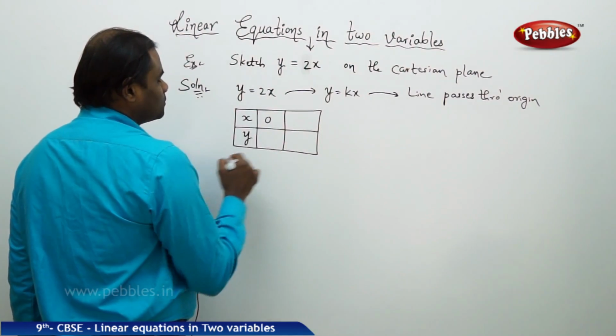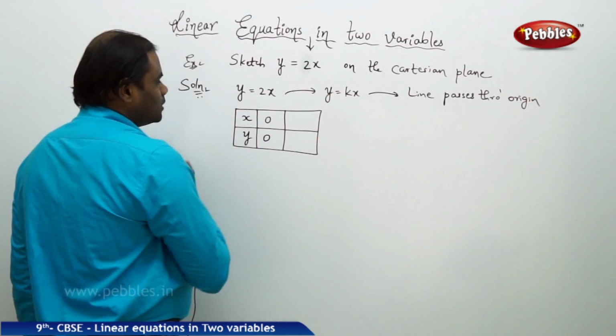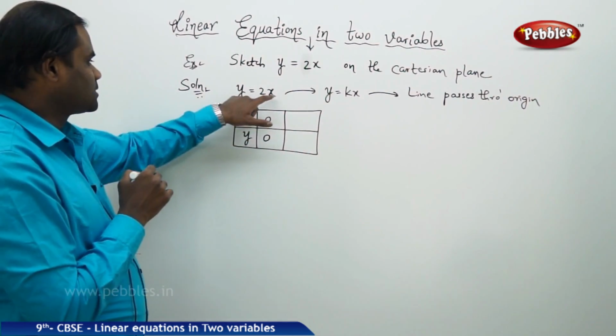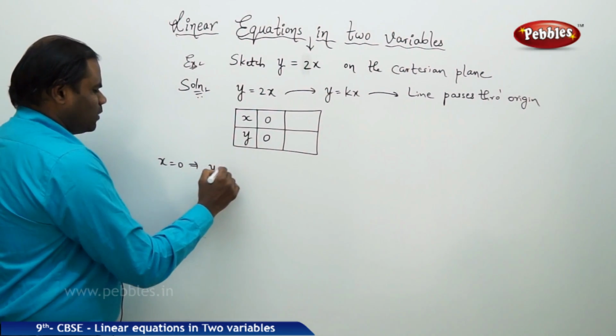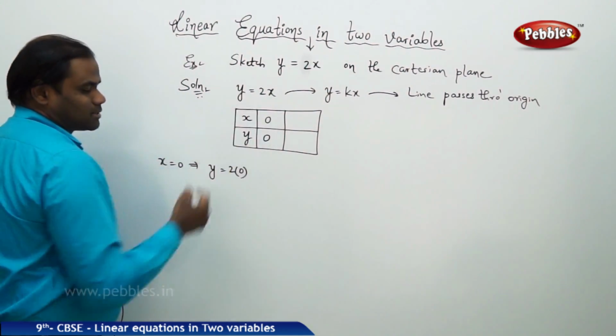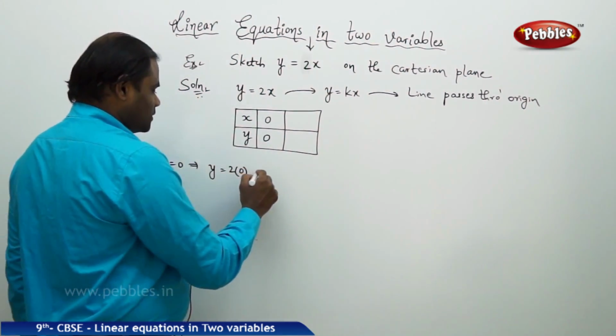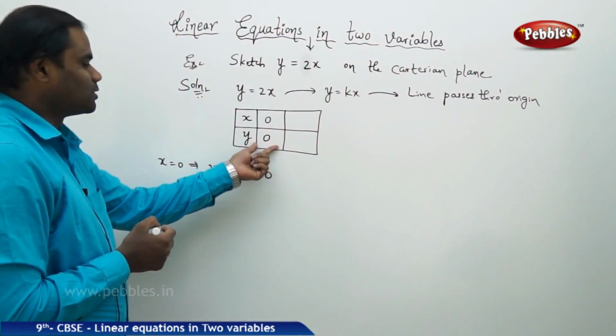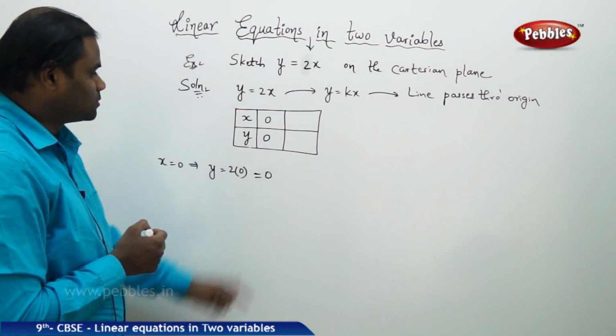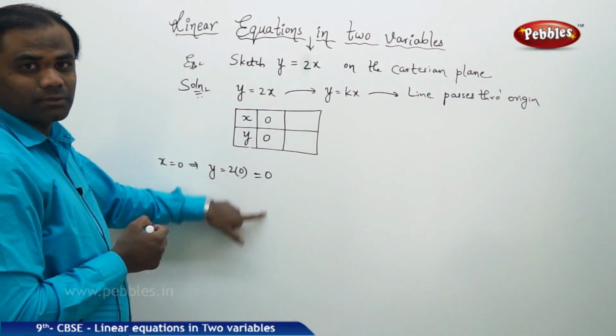When x is 0, my y is also 0, because y is 2 times x, which is 2 times 0, and this is 0. Therefore, when x is 0, y is 0.